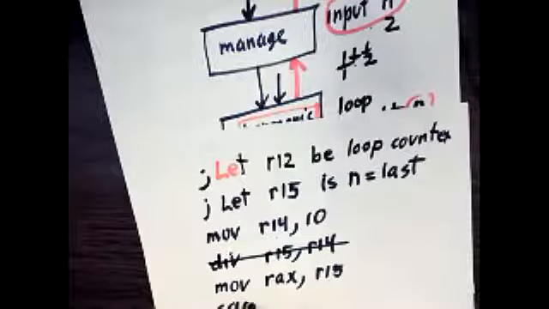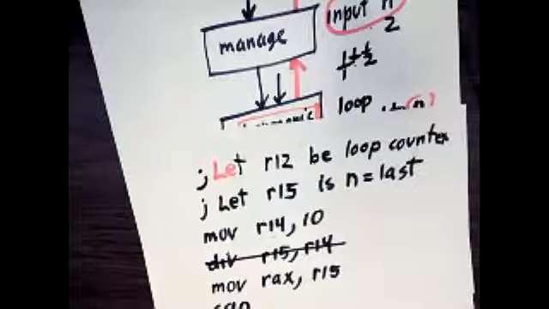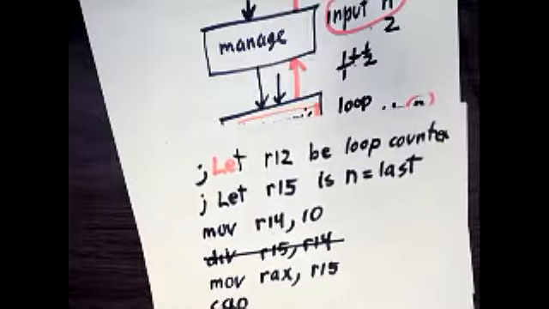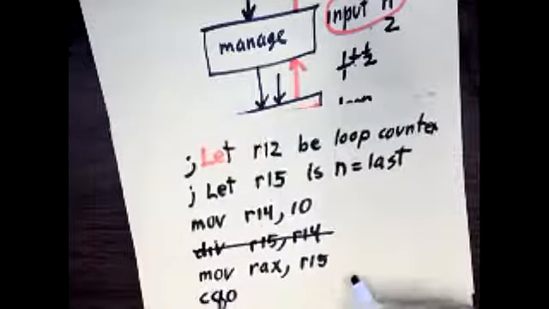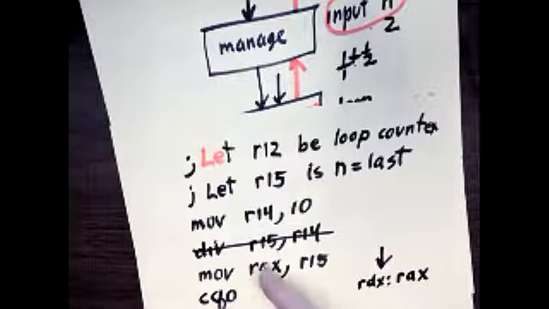C is convert, Q for quad and O for octal. So RAX is extended to become RDX with RAX. 850 was in here, but now 850 is in this pair. That's an octal word.